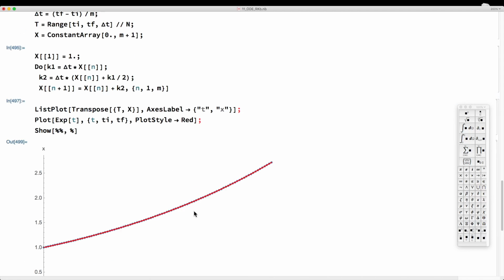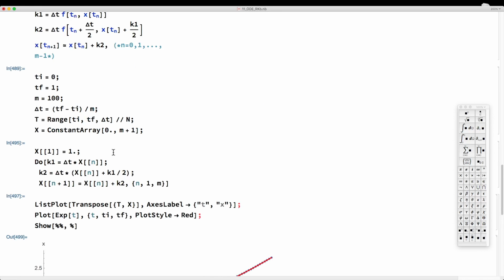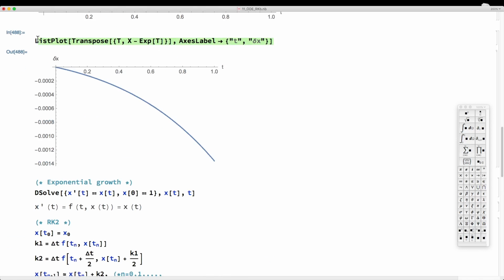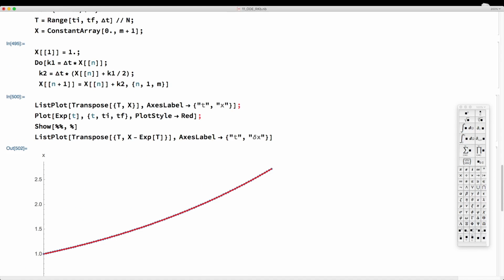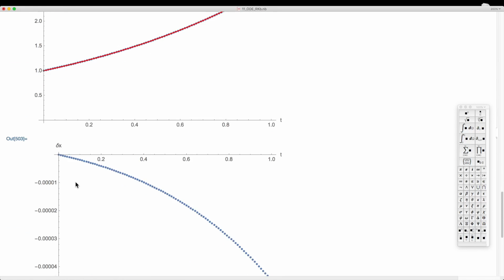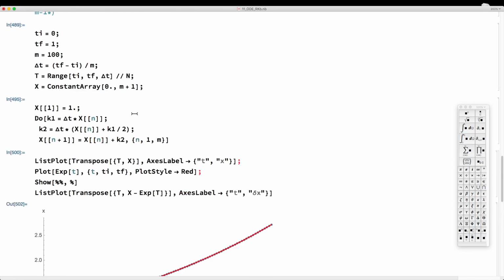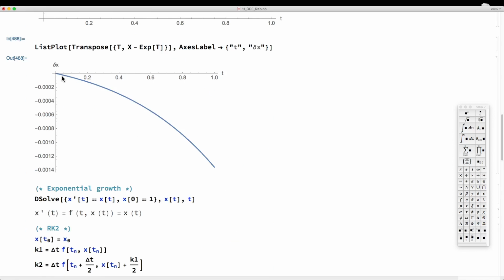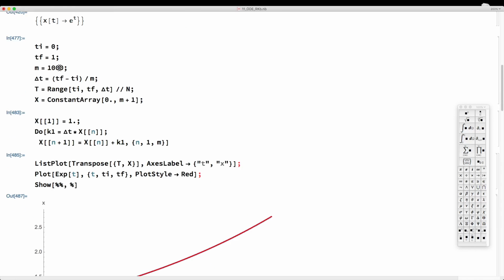So we see that the accuracy looks better. The overlap looks better, although we just use 100 time steps. And again, let's rerun this to look at the error. And we see now that the error is quite a bit better compared to what we had before. So before we had an error of 10 to the minus 3, and that was with 1,000 points.